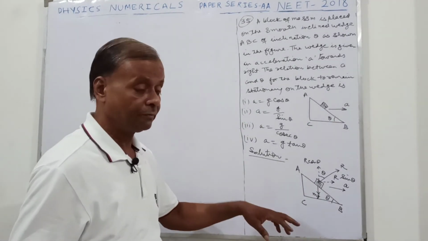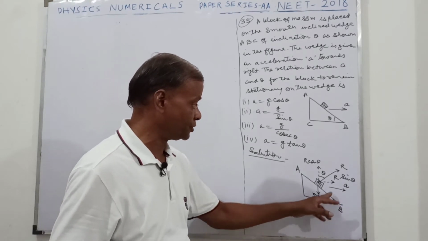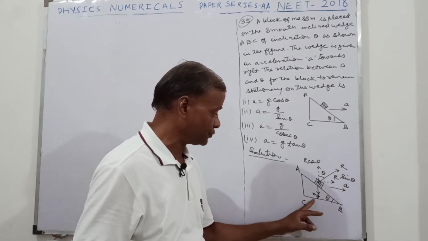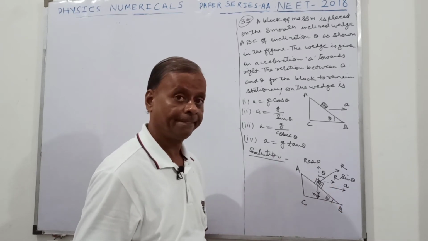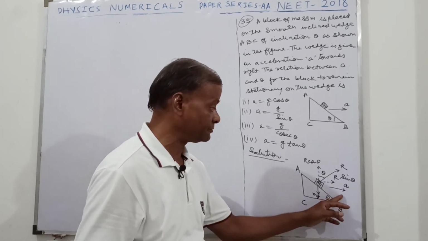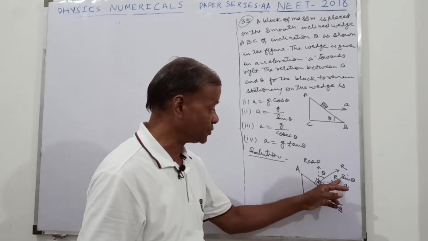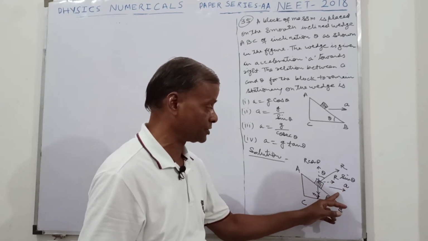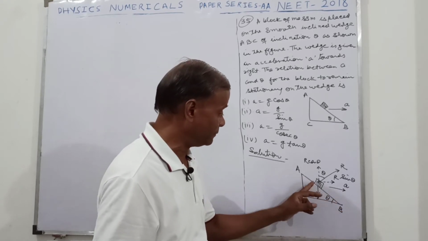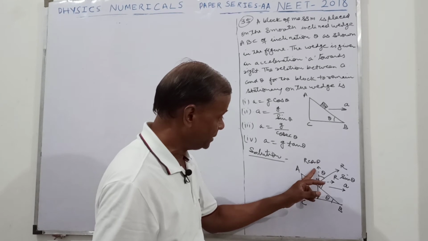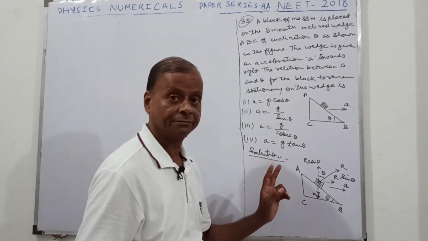So now we have the force due to the reaction, the force due to the weight, and the force due to the acceleration. This acceleration must be balanced by some force. So the components R cos theta and mg are equal and opposite.